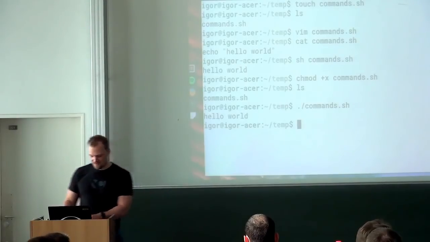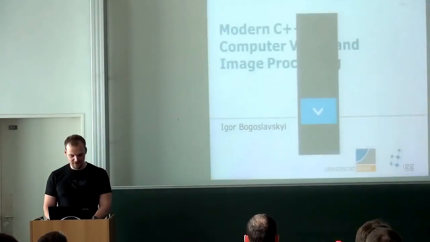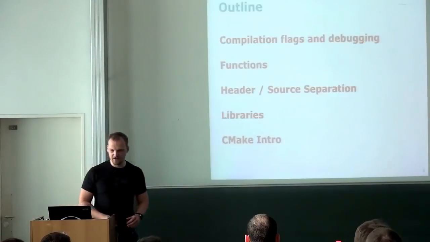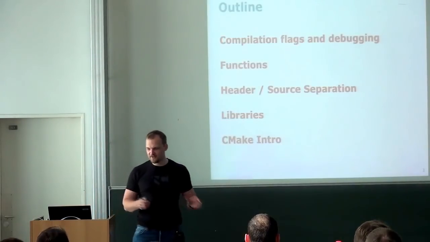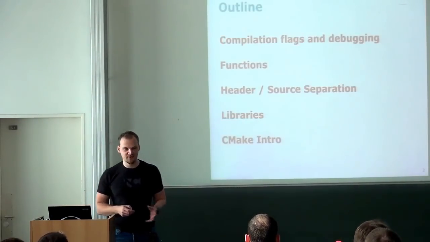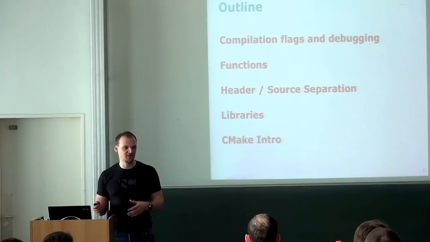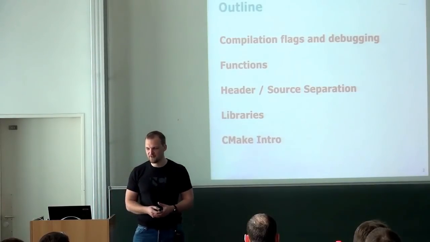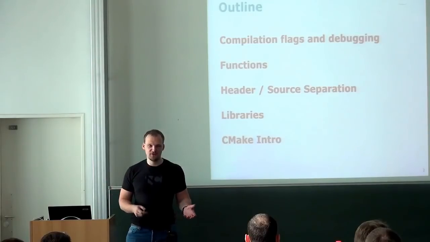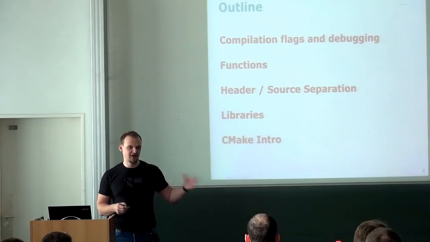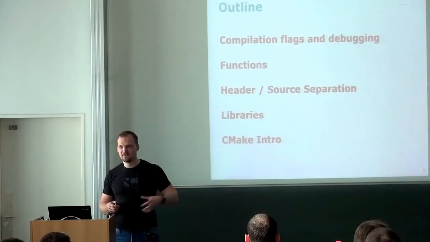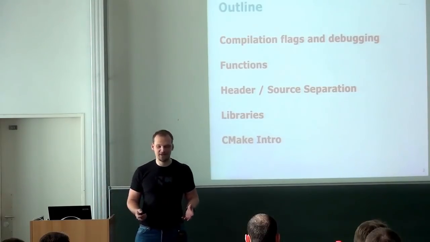Okay, good. So then we probably can start with our lecture for today. We're going to start talking a little bit about compilation flags and how to debug programs in C++. Then we're going to dive into functions and how to write them even in different files. This is a very common thing that you do in C++.